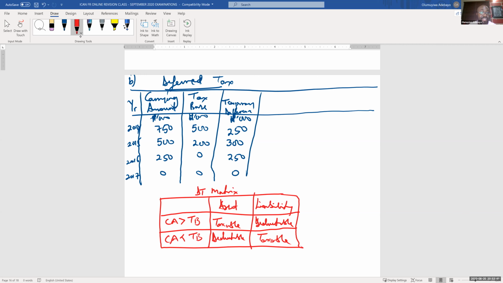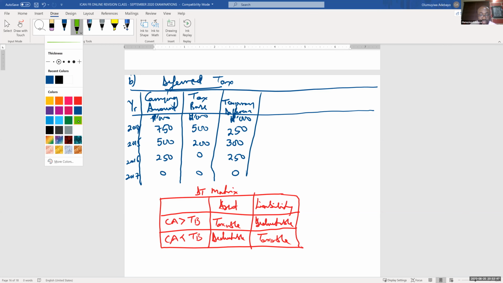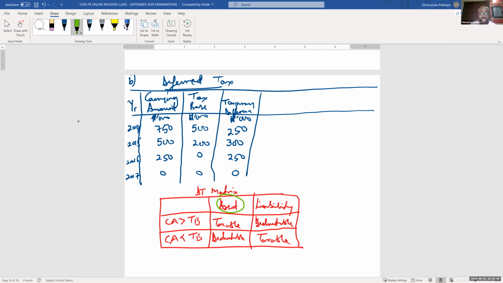Now, look at the situation we find ourselves in. In this situation, we are dealing with an asset, because plant is an asset. Two, we are dealing with a situation where in all of these years, the carrying amount of the plant is higher than the tax base, which means we find ourselves in this situation.